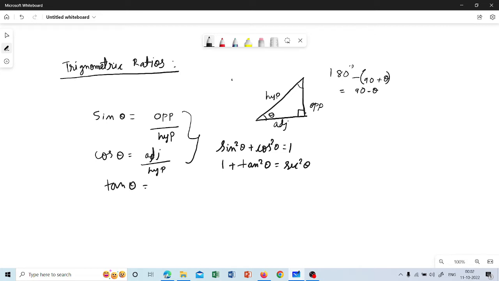So tan theta is equal to sine theta by cos theta, which is equivalent to opposite side by adjacent. Similarly, the inverse of tan is cot.